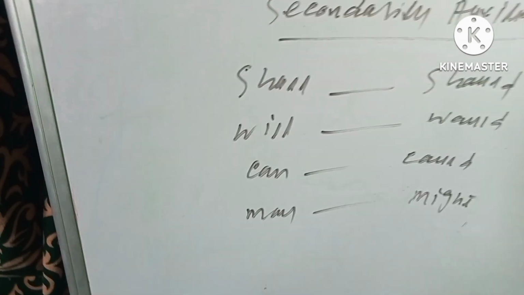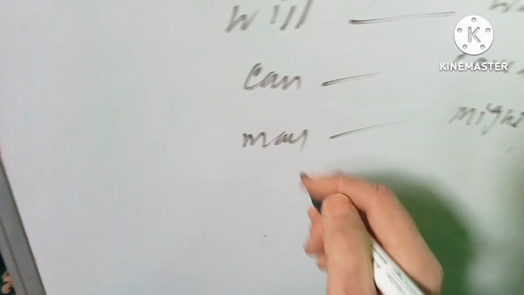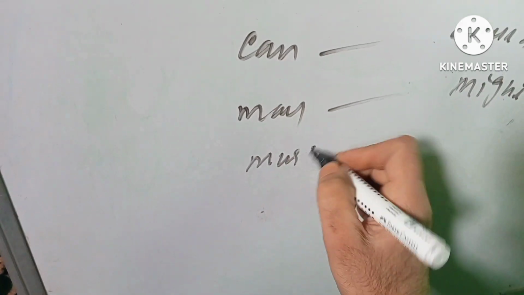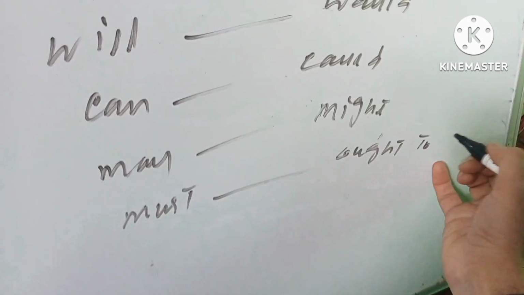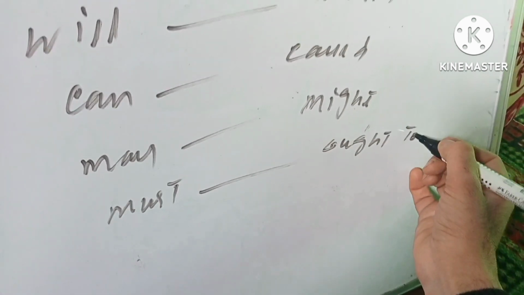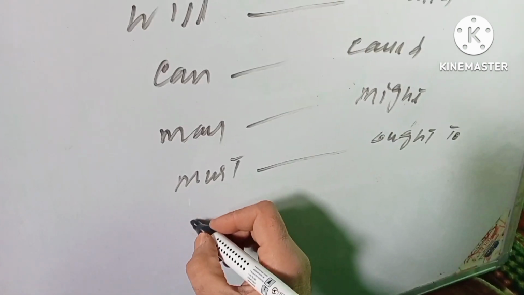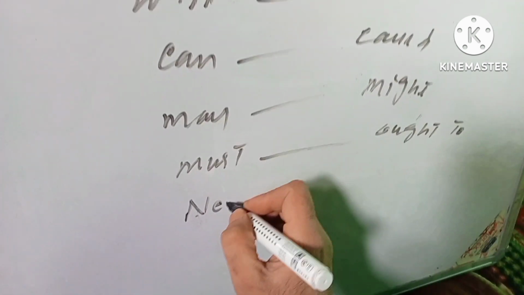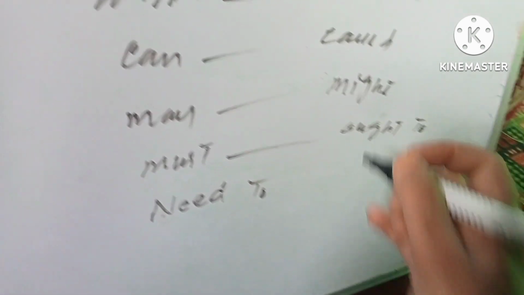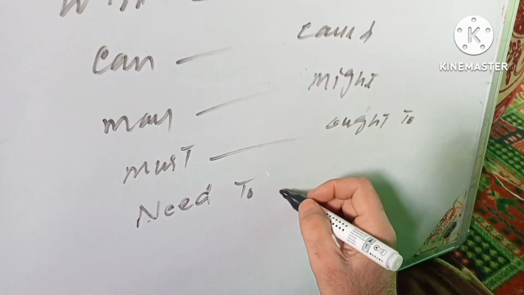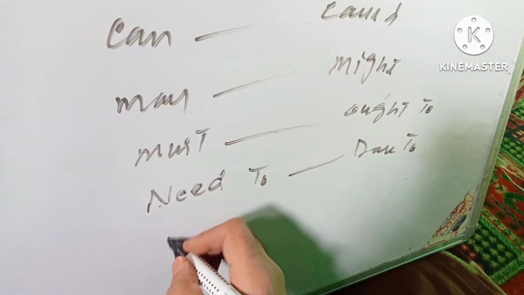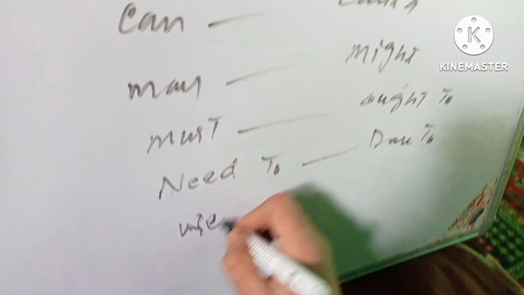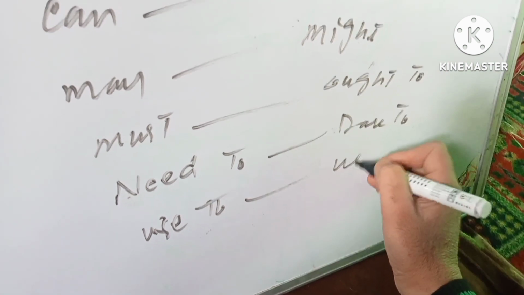And in this way we can write down here must, ought to, need to, dare to, used to.